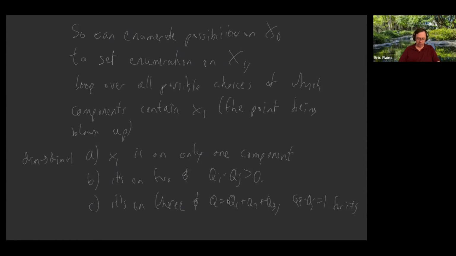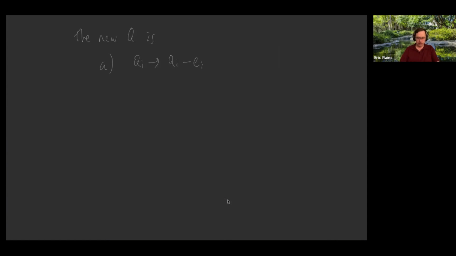Well, I should say, of course, in B, we also need to take into account the possibility that Q might be irreducible and we're blowing up the singular point. So basically, if we're blowing up one point, if it's just on one component, then we get QI goes to, we just subtract EI from QI because it's a smooth point of that component, in general.